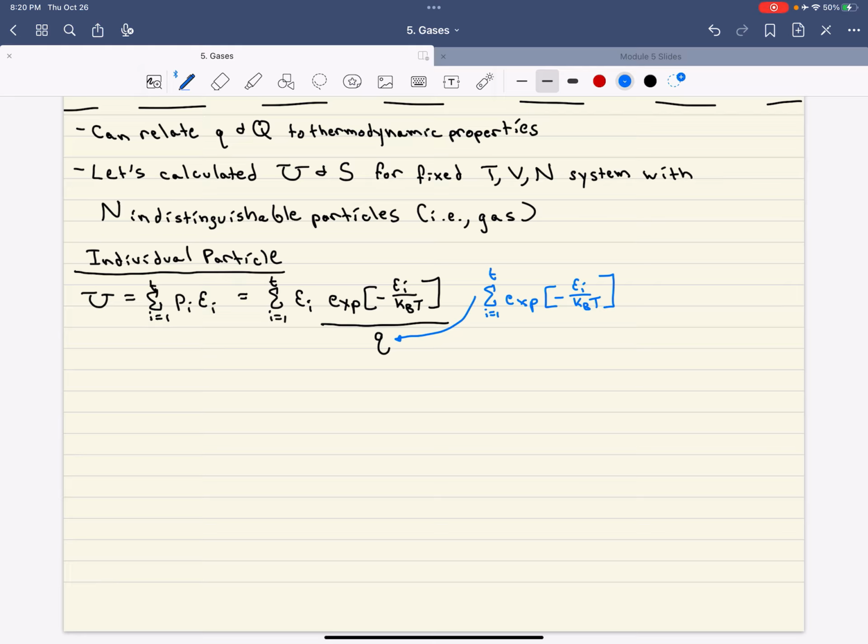So q is basically a constant, a static value, and because it's a static value, we can take it outside of the summation. So q goes here, and in the summation we have this left.